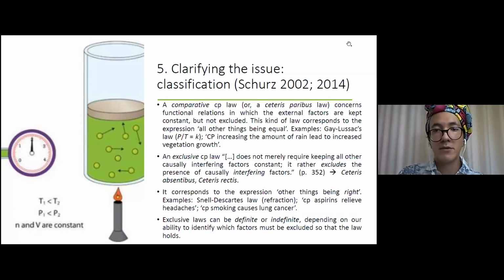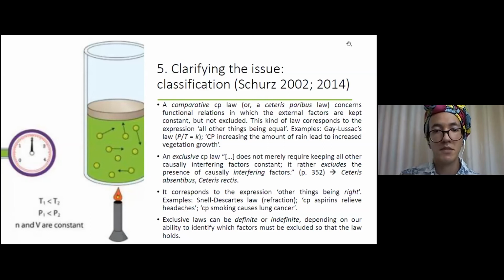These are comparative laws. And we have, on the other hand, exclusive ceteris paribus laws. This kind of law relates to the expression all other things being right. Exclusive ceteris paribus laws can also be regarded as ceteris absentibus or ceteris rectis, because some factors need to be excluded.